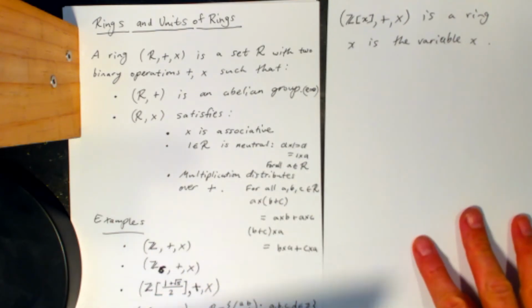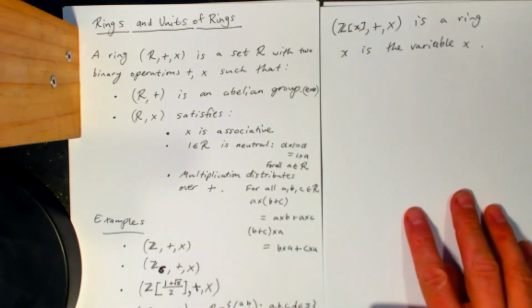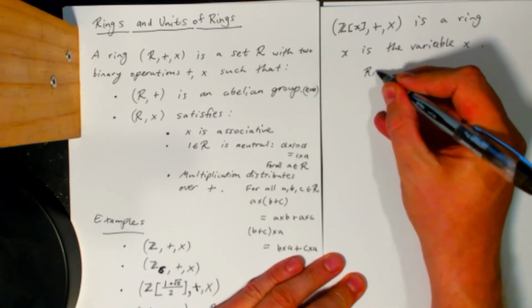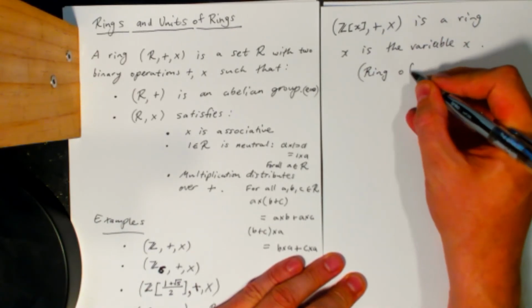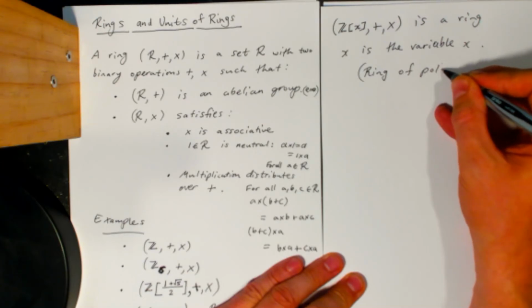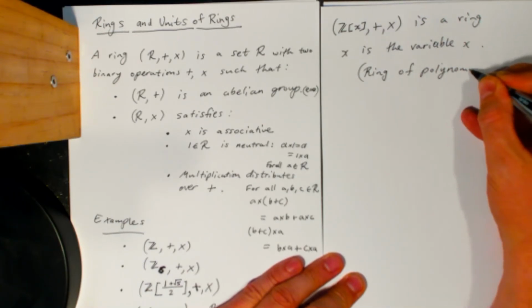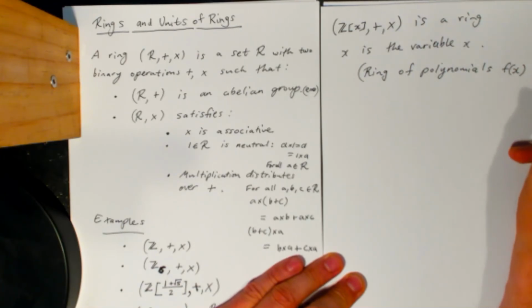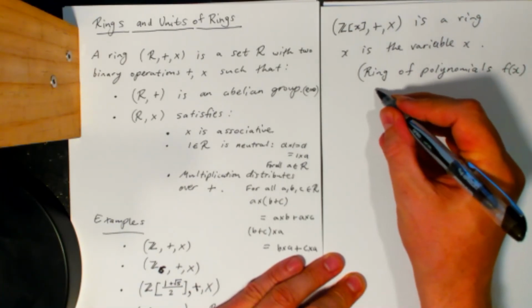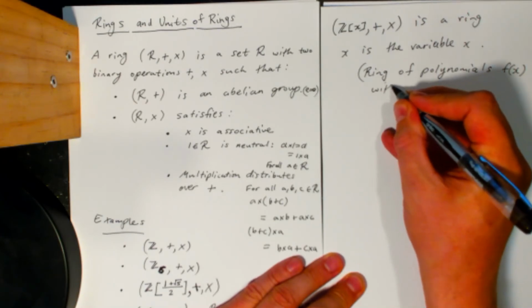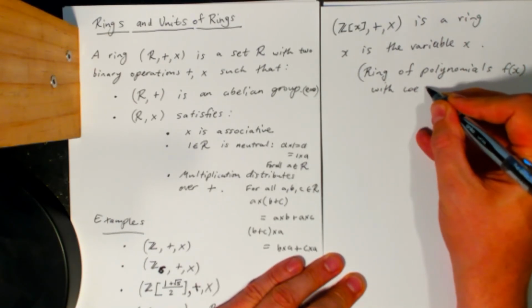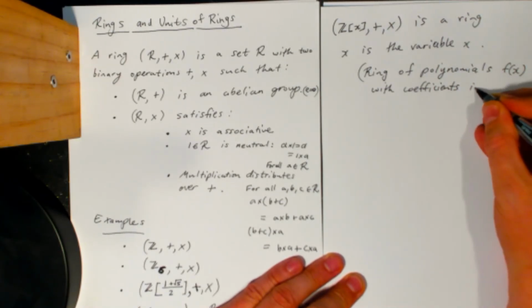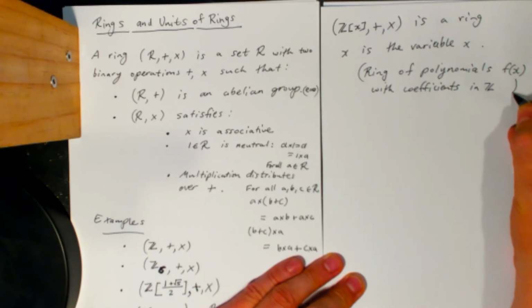Okay, so what this is here is the ring of polynomials f of x with coefficients in the set of integers.